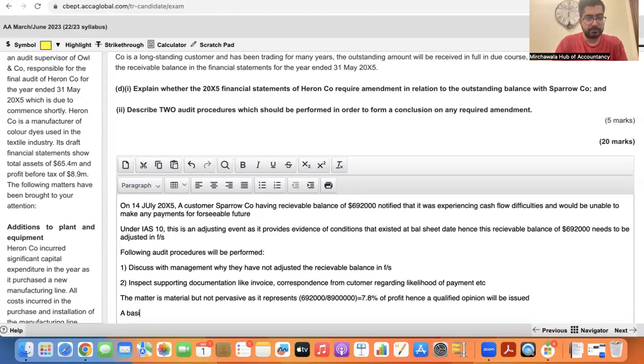Then a basis for qualified opinion paragraph will need to be added, explaining the reason for qualification.